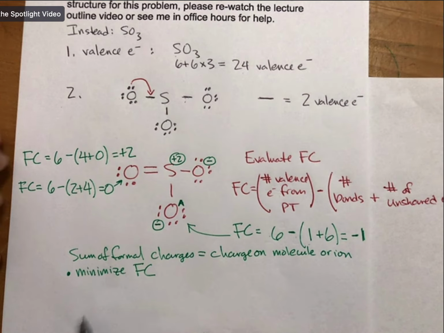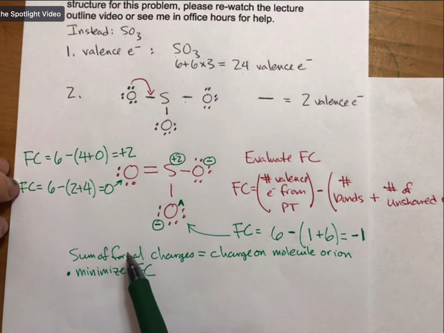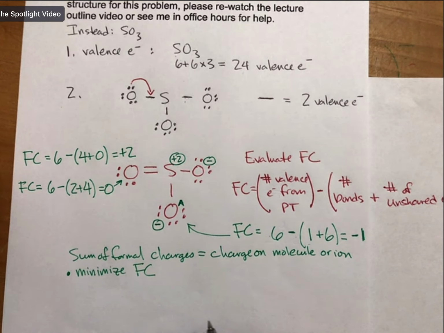What that means is that if I see a minus and a plus, I will try and get rid of it. It turns out that sulfur can have an expanded octet.